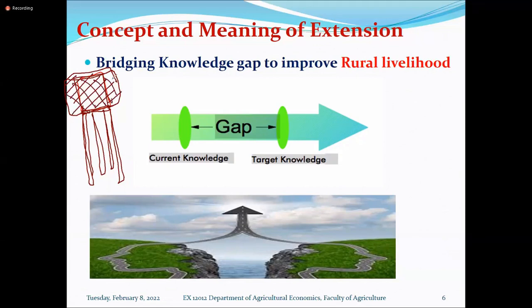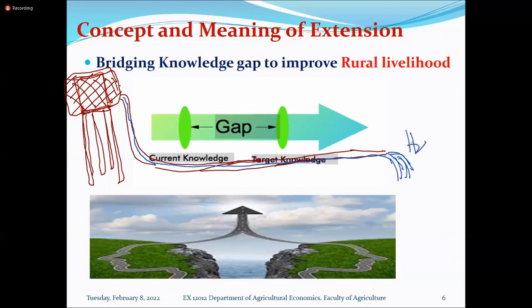Here you have a pipeline. It comes and flows, and supplies water to the low elevations. Water is flowing from here.